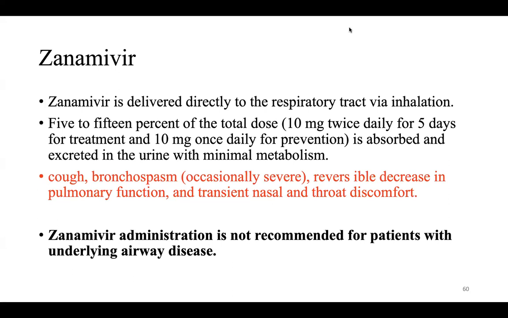The concentration of the drug in the respiratory tract is estimated to be more than 1,000 times the 50% inhibitory concentration for neuraminidase, and the pulmonary half-life is near 3 hours. Potential adverse effects include cough, bronchospasm, and others. Zanamivir administration is not recommended for patients with underlying airway disease.